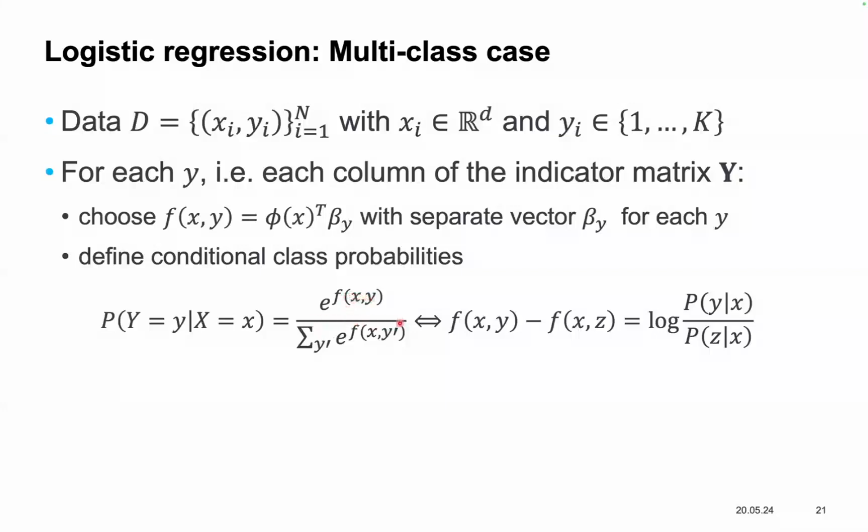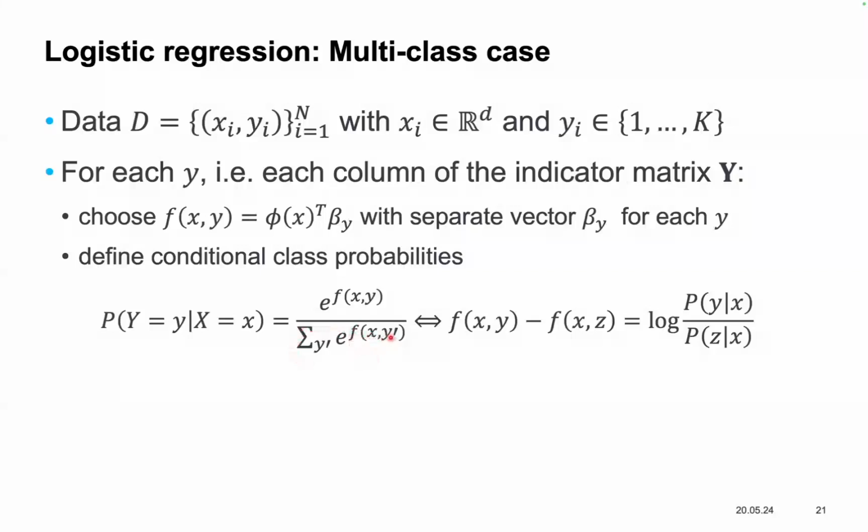divided by, and now we do this for all the different classes. Before we only had 2 classes, and so the remaining probability mass was always clear. Here we have to make sure that when we sum over all the different possible y values, we end up with a probability mass distribution of exactly 1. And by normalizing over the values that are produced by this f, that's what we get exactly.